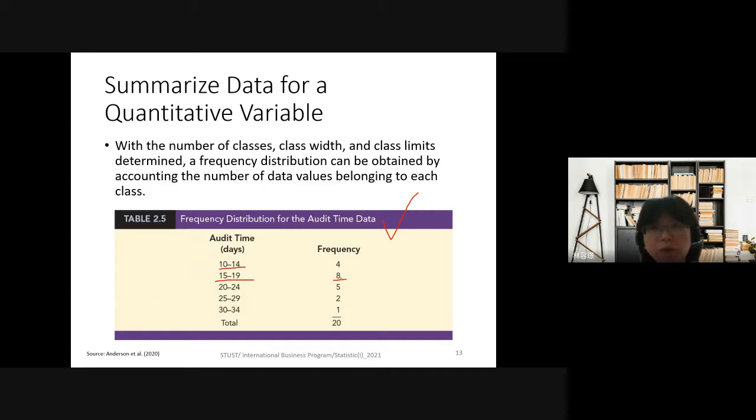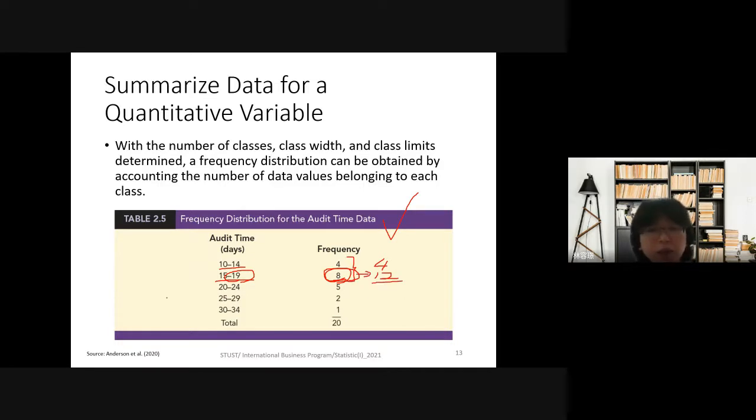So if we express them as a cumulative distribution, less than or equal to 14 will be 4. Less than or equal to 19 will be 12, because from 15 to 19 there are 8, but 10 to 14 is also less than 19. So you have to add them together to get 12.